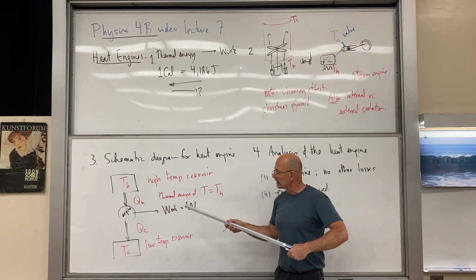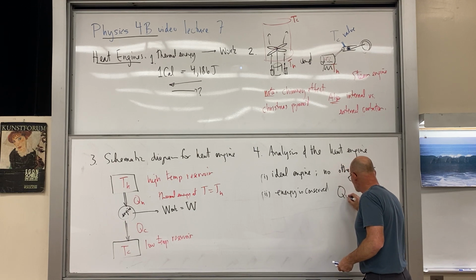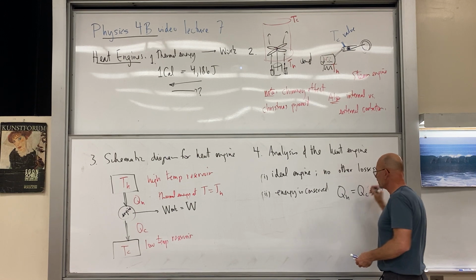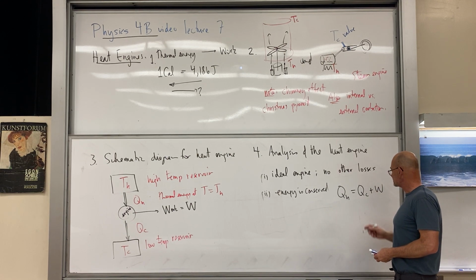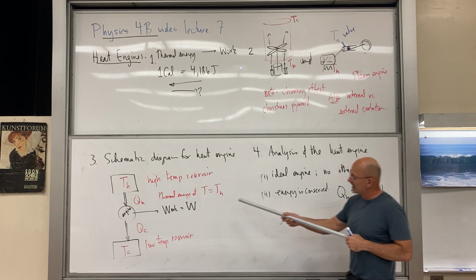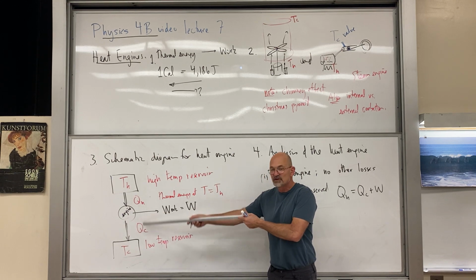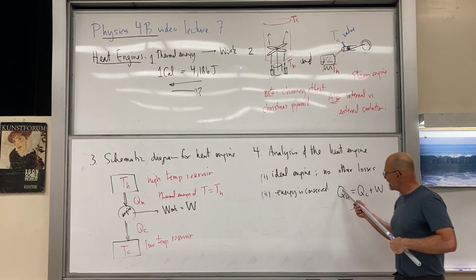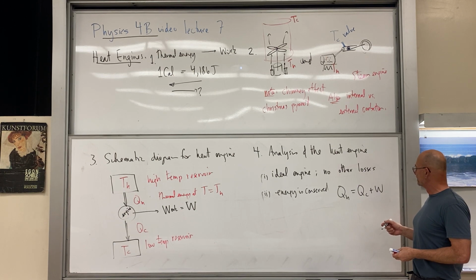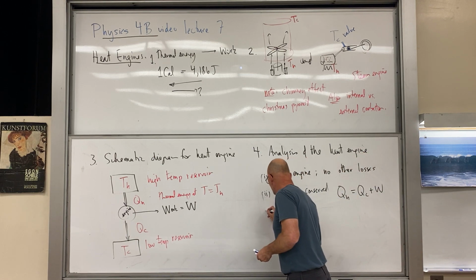QH, QC, and W. So what that means for our case is QH equals QC plus W. Okay? We had energy at a higher temperature. We got some work out of it. We have energy at a lower temperature. So energy in, energy out. That's one way to look at that. Anything else?